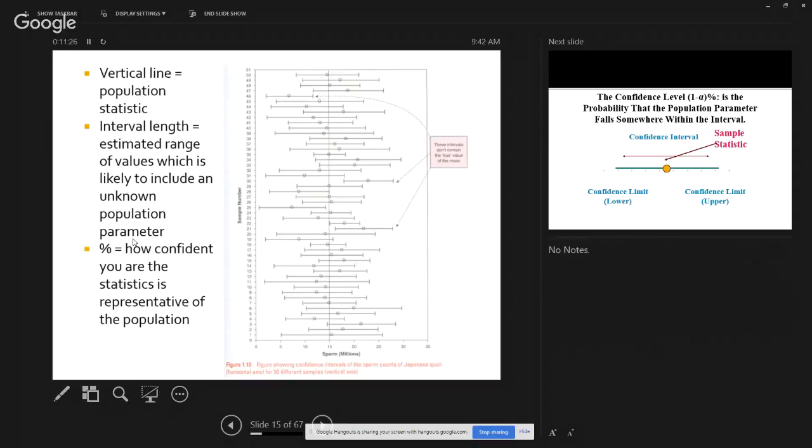So if you look here, notice that some of these whiskers, these intervals, touch the vertical line. Some of them include it. For example, look at this bottom one. That's the sample mean, and notice it's so close to the population. This one's pretty accurate then, okay? Whereas we have 3 of them that do not contain the true mean.